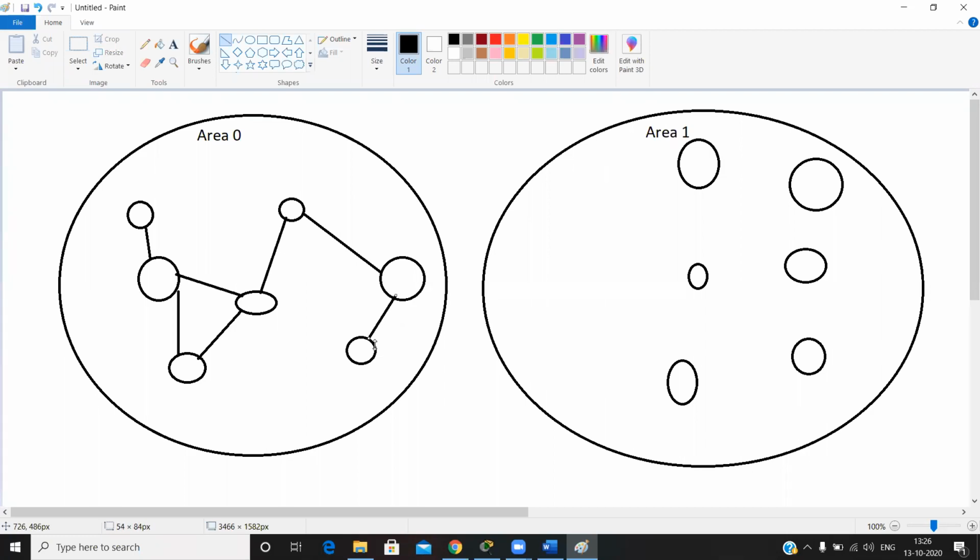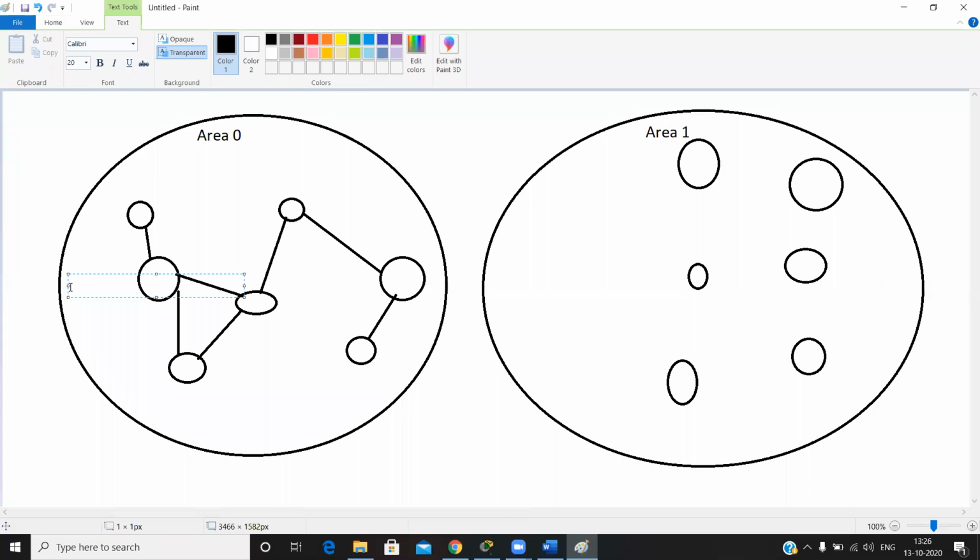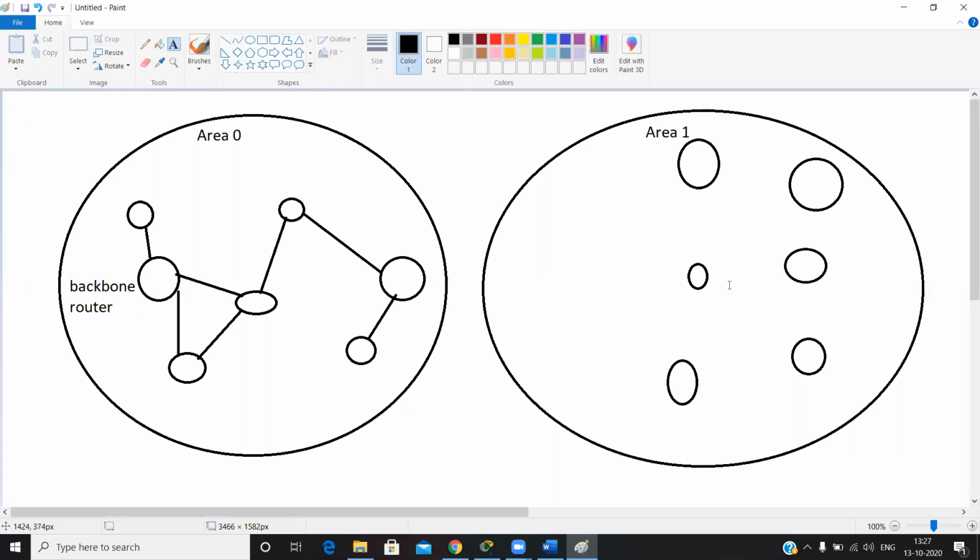So it becomes a backbone router. And a router which has all its interfaces in other areas, 1, 2, 3, 4, any area number, it becomes an internal router.